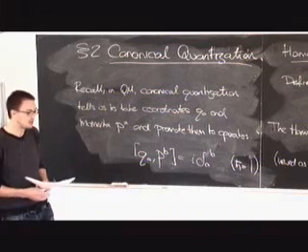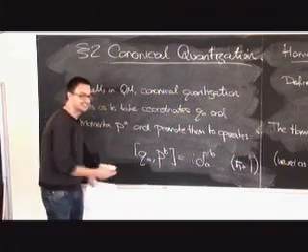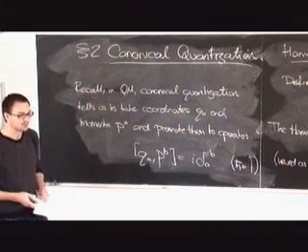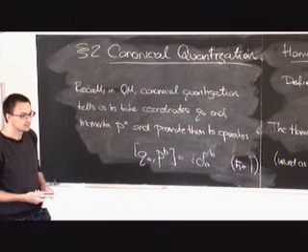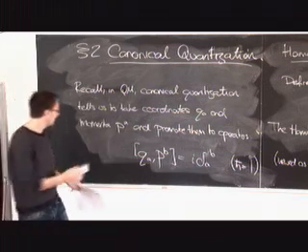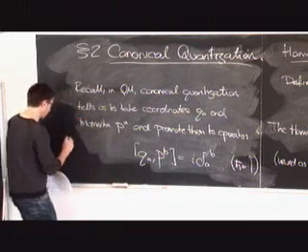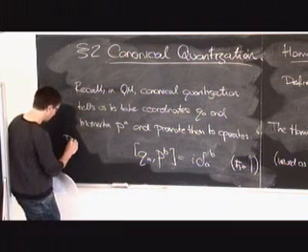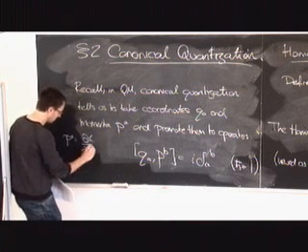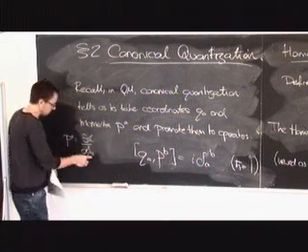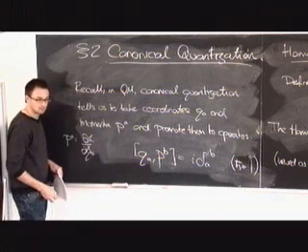This is a really minor point, but how do you know to put the index on Q downstairs and the index on P upstairs? Well, it comes from the definition of P. One's up, the other's down.